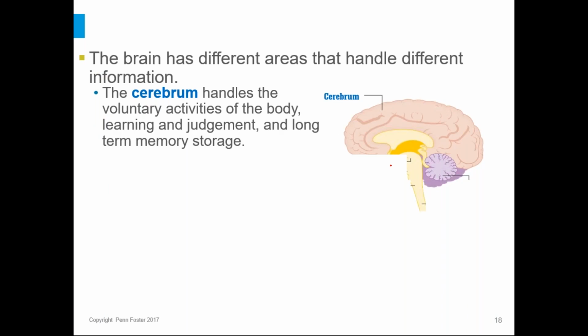And then we have the brain itself. So the brain processes the sensory information that it receives. It has different areas to handle different information. So cerebrum handles the voluntary activities of the body, things that you consciously do, like move your legs to walk. It is also the site of learning and judgment and long-term memory storage.